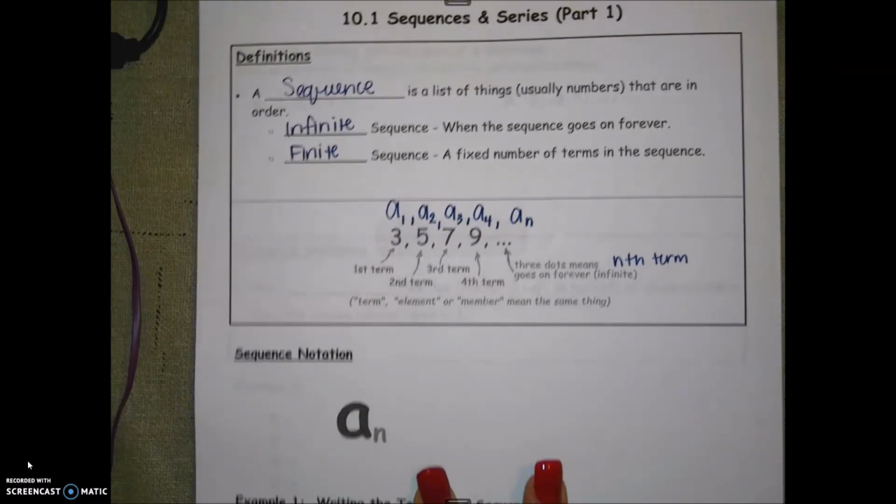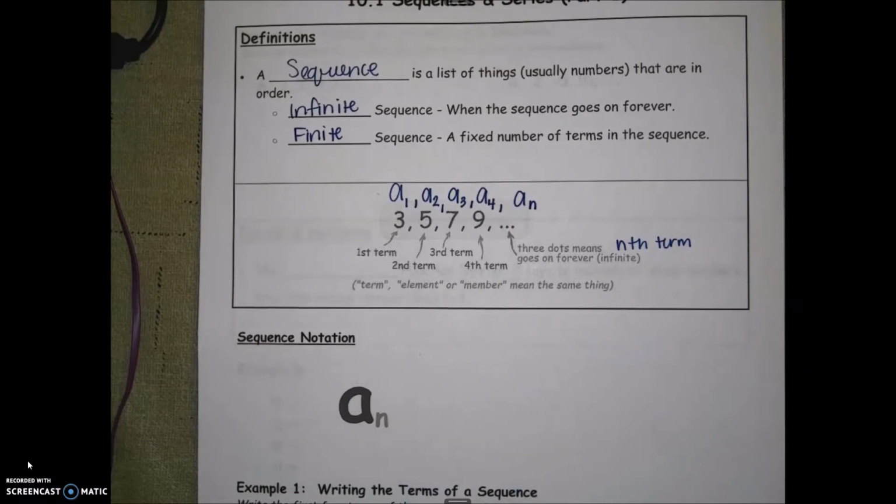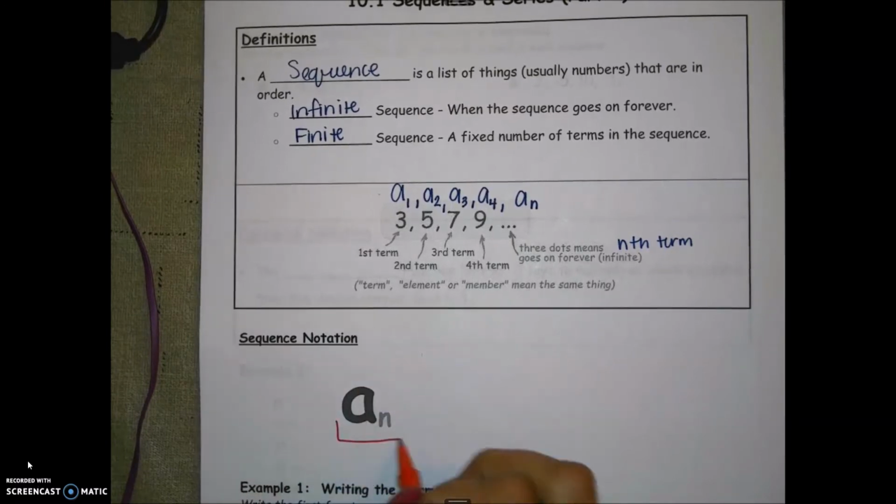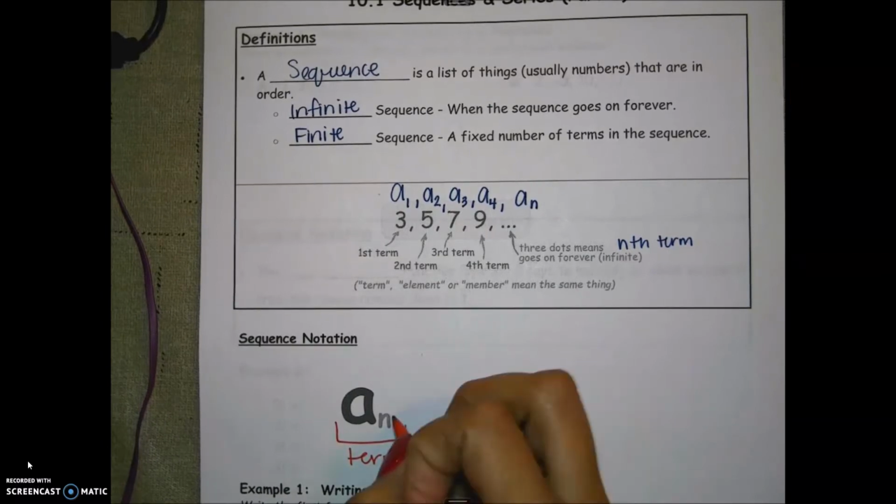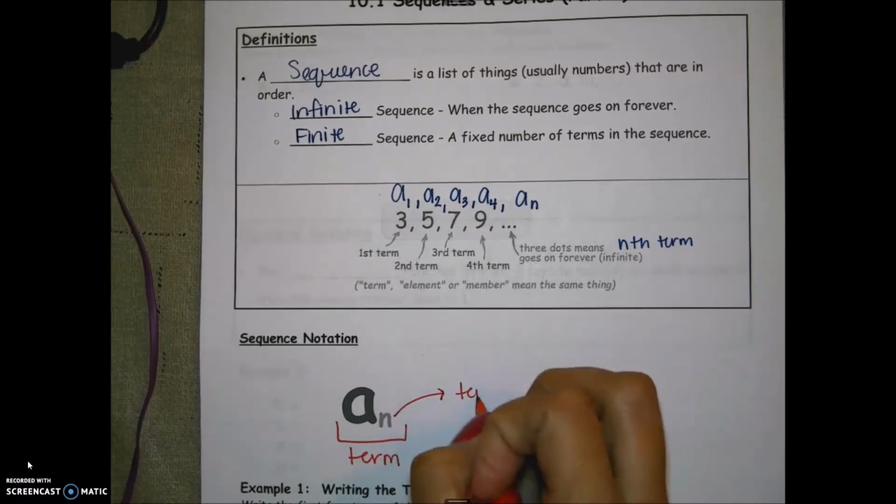Sequence notation has a special notation, and we kind of talked about it above. It is a sub n, where a sub n represents the whole term, and n represents the term number.